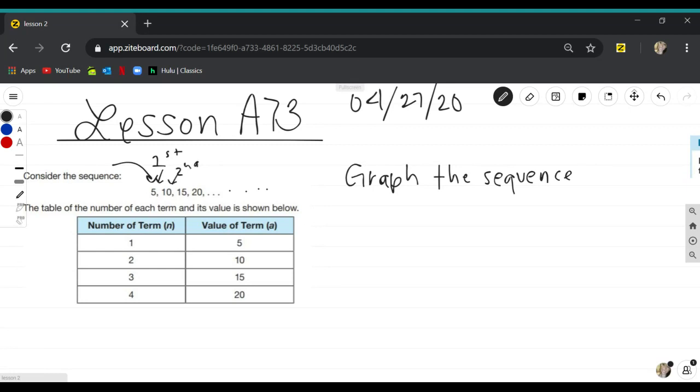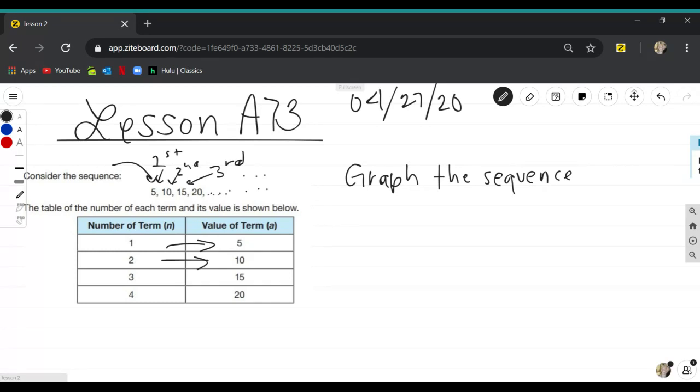The second term is 10, and the third term is 15, right? That's what a sequence is. It means it's going in that order based on a formula or some type of code that will give you the output, which is this.